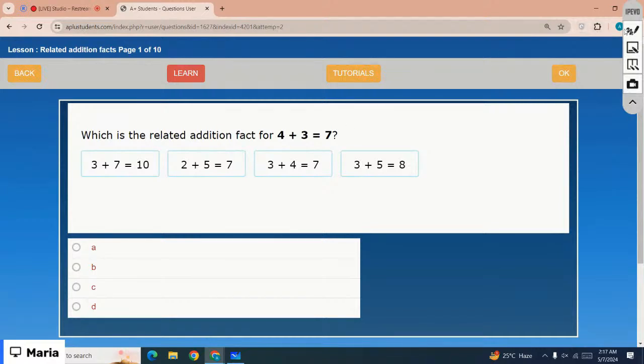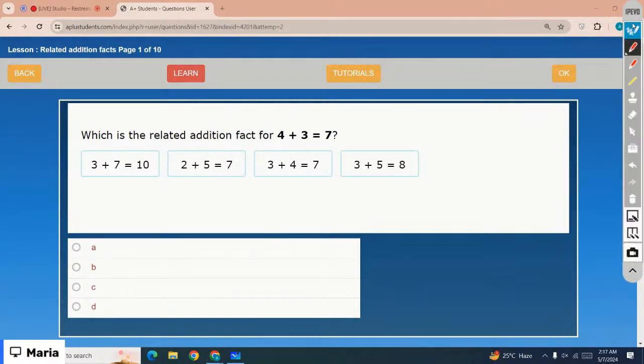The related addition facts have exactly the same numbers, just their positions swapped. You can see both sentences have exactly the same numbers. 3 plus 4 equals 7 is the correct option. That's option number C. 3 plus 4 equals 7. C is the correct option.